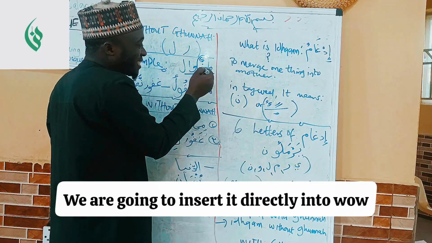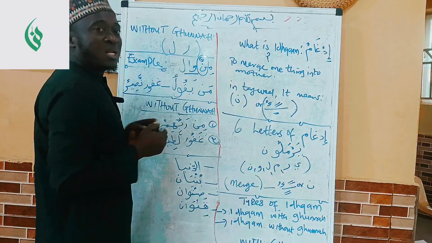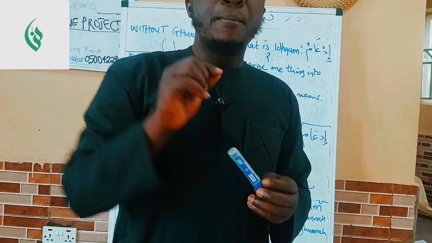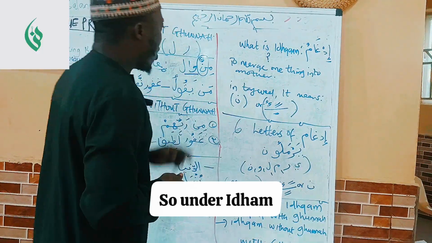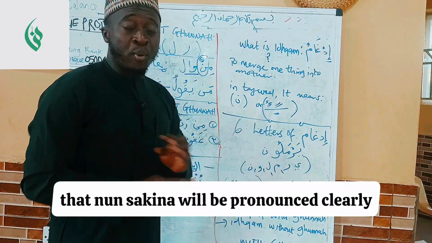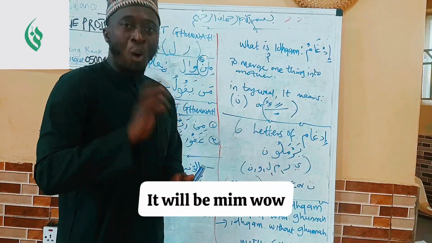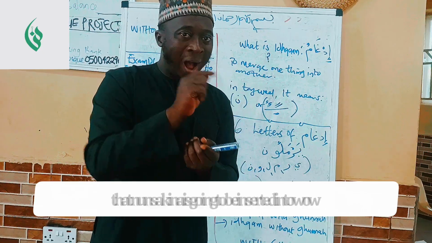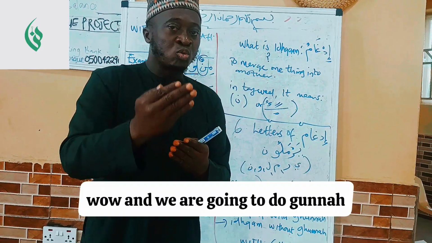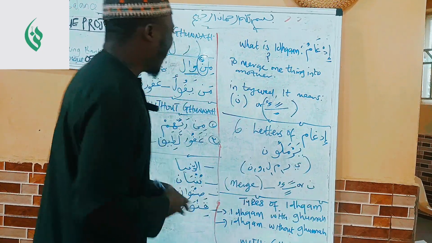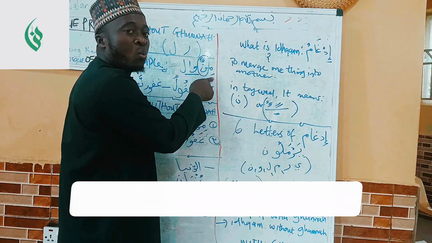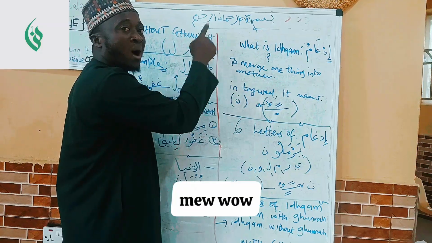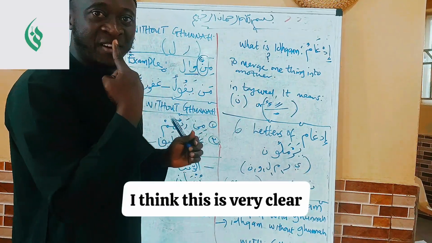We are going to insert it directly into waw. Under izhar, that nun sakinah would be pronounced clearly: min wal. But under idghām, that nun sakinah is going to be inserted into waw, and we are going to apply Ghunnah. I think this is very clear.